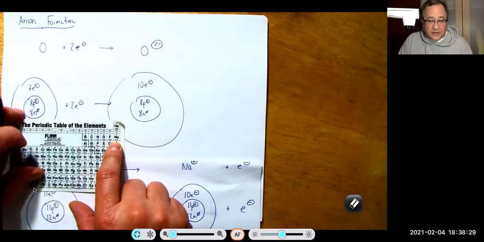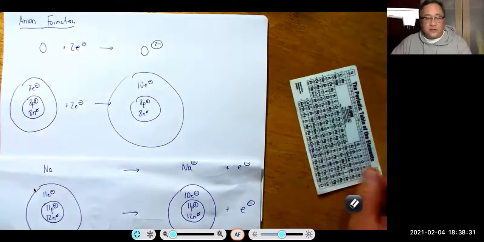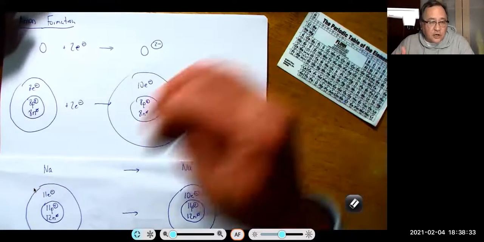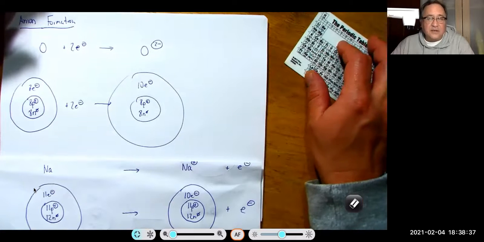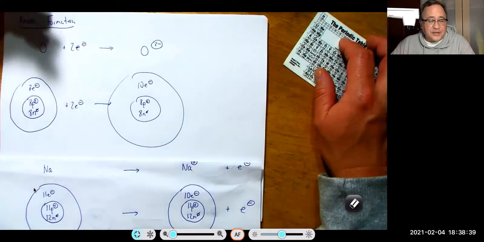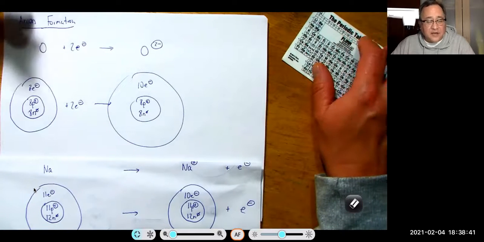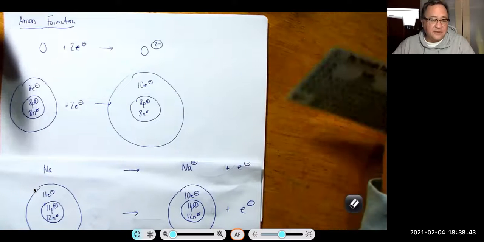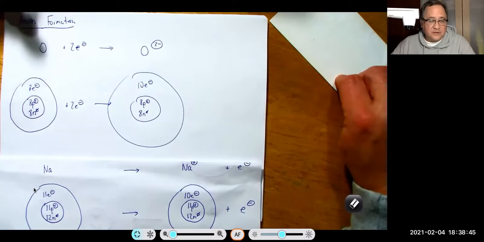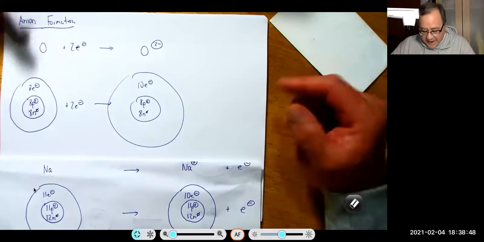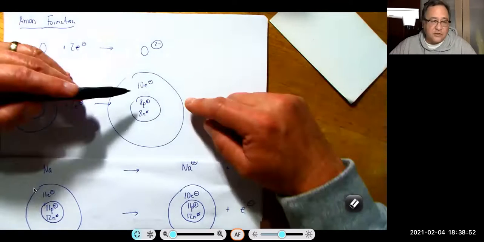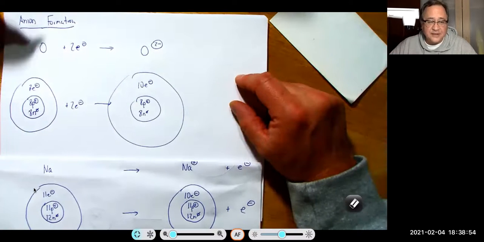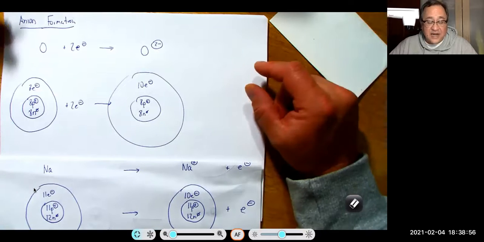Neon has 10 protons and 10 electrons. And what do we know about the noble gases? They're inert, which means they're unreactive, and they're rare. The inert part is what we're interested in. Inert means they're unreactive. Unreactive means they're stable. So it turns out that when atoms tend to end up with the same number of electrons as a noble gas, they tend to become stable.